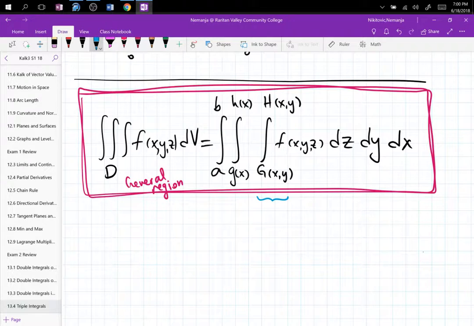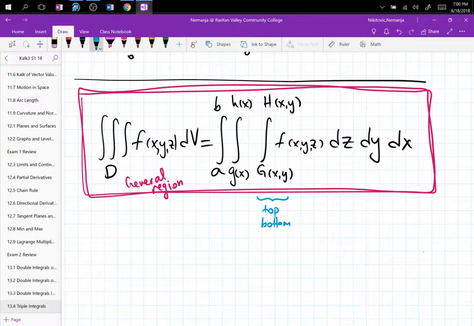This integral here is going to be the top and bottom of your shape. When you have a shape like this, and the bottom is a flat surface, that will be your z equals 0.